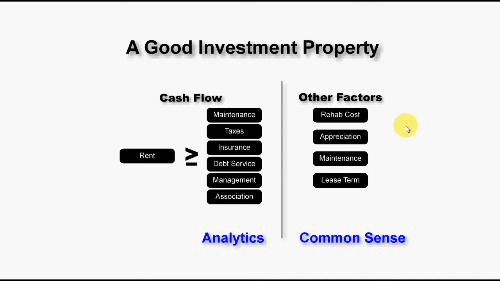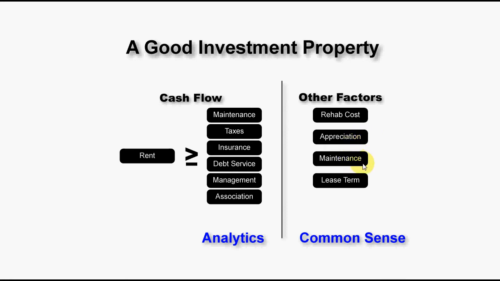But what other factors should you be considering? Most of these have to do with common sense. A real typical example is there's no living space in the family area. No analytics give you that. Rehab costs are exceptionally high. I talk about rehab costs later in this video, so I won't cover it here. No appreciation. There's certain areas in any city that are going down, and that's not a good place to invest.